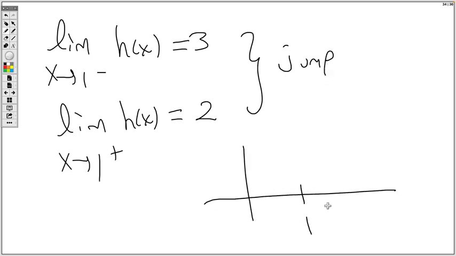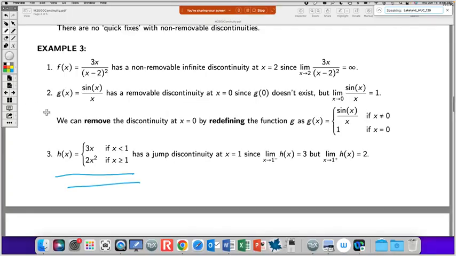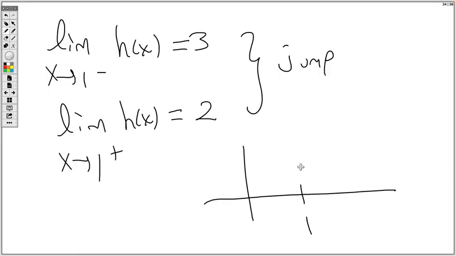And if we graph h, here's something to make note of. Notice that h of 1 itself was defined to be 2, which was the limit as we came into 1 from the right.